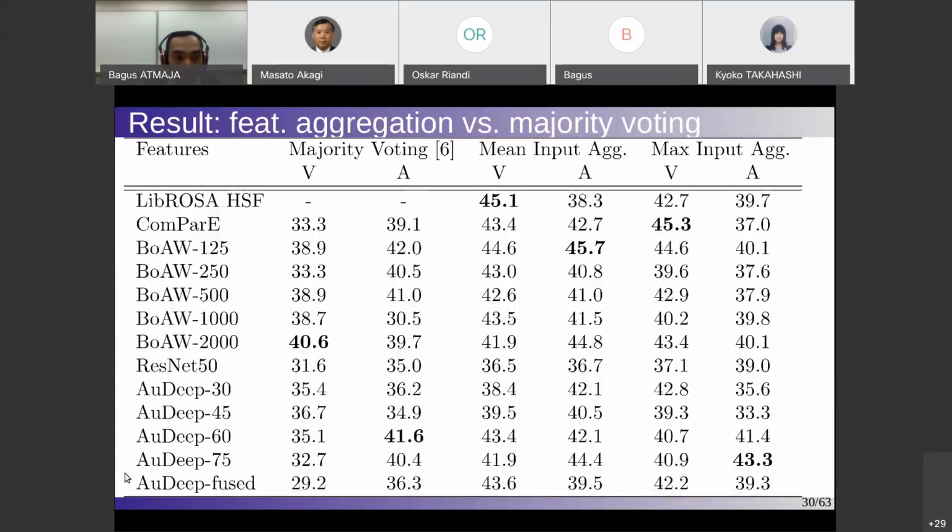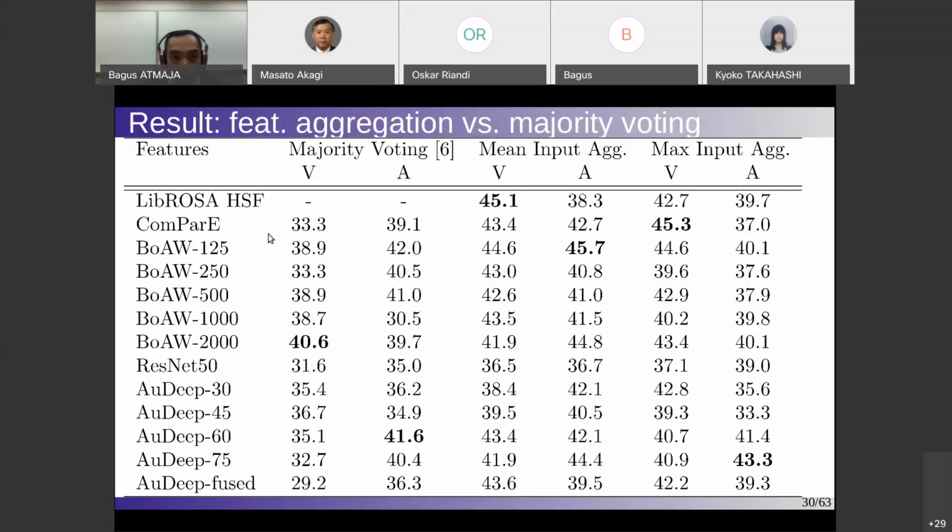So this is the acoustic feature used in the Interspeech 2020 emotion challenge, the elderly emotion challenge. And the left part, the majority voting here, is the result given in the baseline paper. They use accuracy to measure the performance of valence and arousal prediction. And I added my 2 approaches, mean aggregation and maximum aggregation. So we can see here that the results for either mean or maximum values are generally better than majority voting.